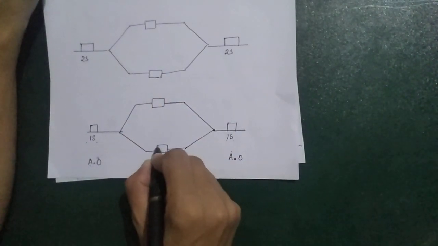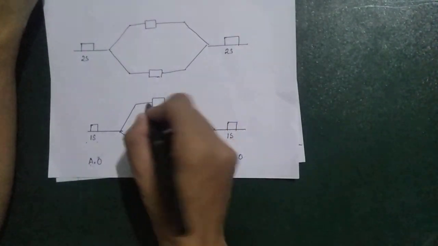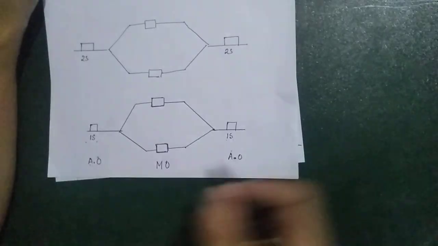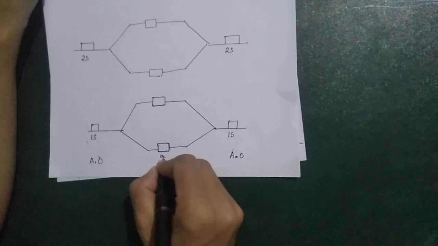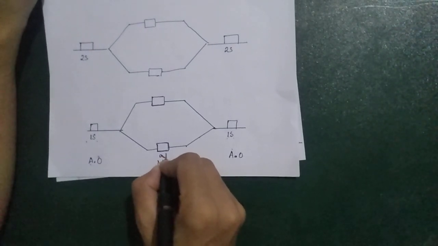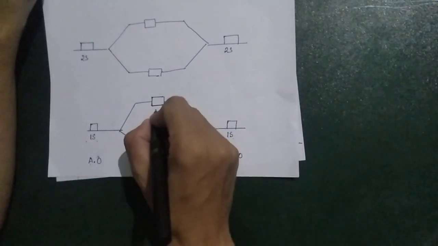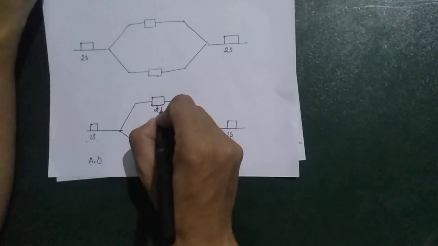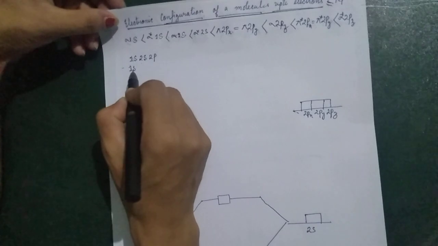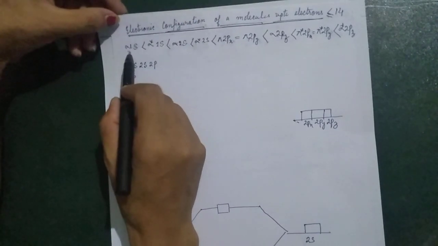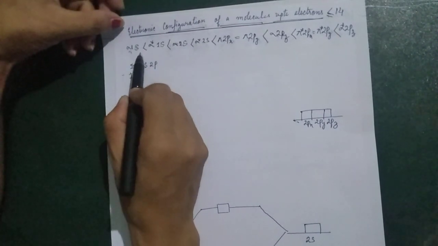One will be at the lower energy level and one at the upper energy level, which are represented by sigma 1s, and the higher one will always be sigma star 1s. So 2 atomic orbitals combine to form 2 molecular orbitals, sigma 1s and sigma star 1s.